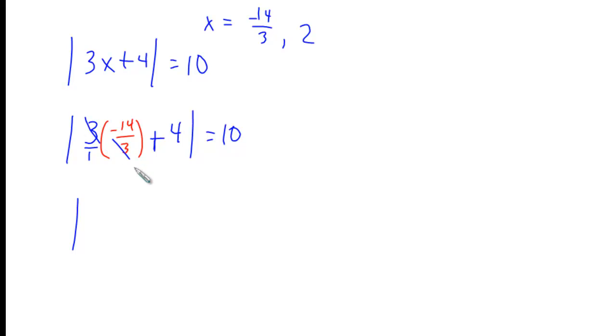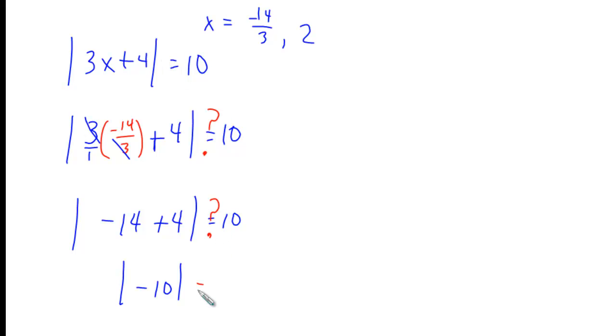So 3 divided by 3 gives me 1. So I end up with negative 14 plus 4 equals 10. Negative 14 plus 4 is negative 10. And my whole question is, is this equal to 10? Well, remember, the absolute value is the distance away from 0, and so it is always positive when it comes out. So the absolute value of negative 10 is 10.